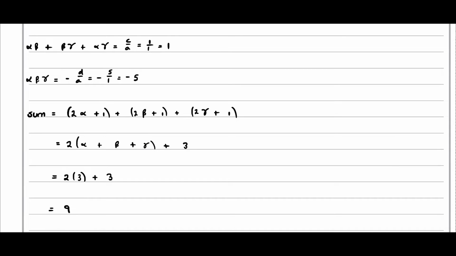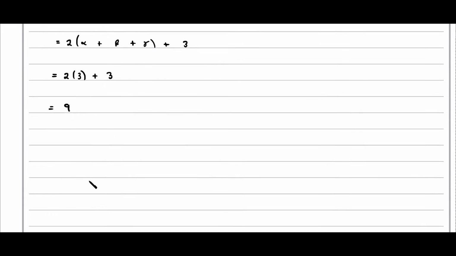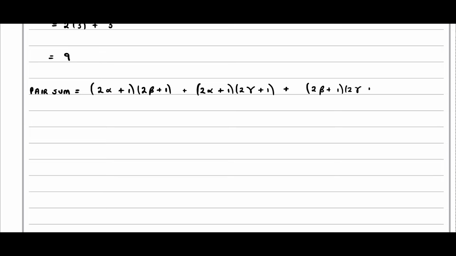We can now find the pair sum. So, for the pair sum, we have 2 alpha plus 1 lots of 2 beta plus 1 plus 2 alpha plus 1 lots of 2 gamma plus 1 plus 2 beta plus 1 lots of 2 gamma plus 1.